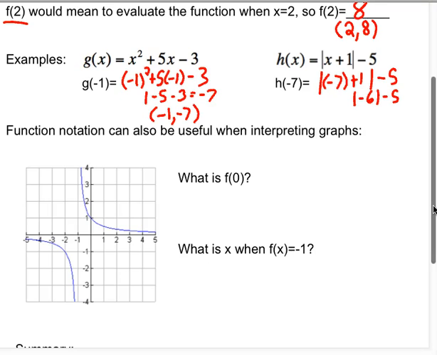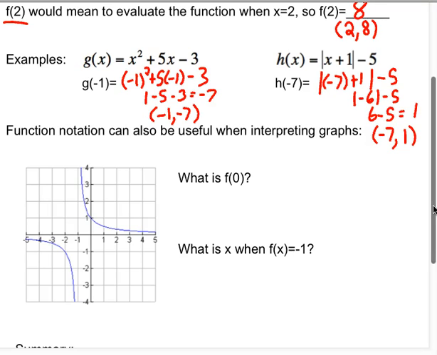So we have 6 minus 5, which is going to be 1. So again, let's think, what is that telling me? It's telling me the point (-7, 1) is on that graph. The x value is that -7 we were plugging in. That's our input. The output we're getting is 1.